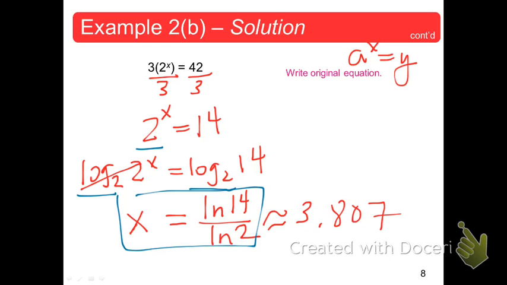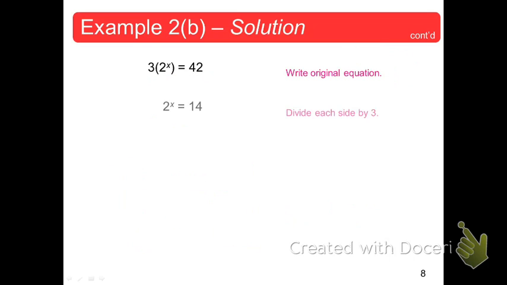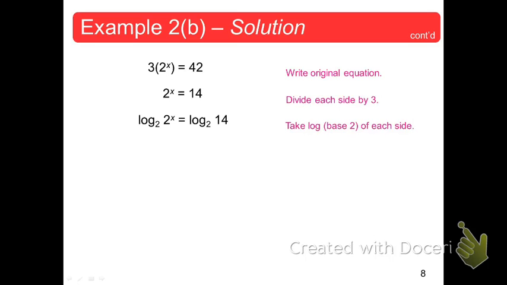And so now let's look at this form typed out. Our first step is divide each side by 3, as we've done. Our next step is to take the log base 2 of each side. Doing so, we can use our inverse property that says log base 2 of 2 to the x is equal to x.